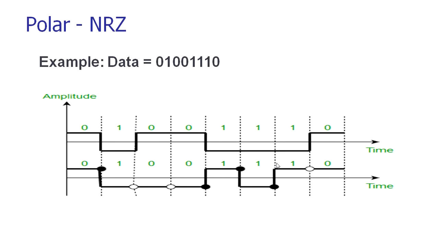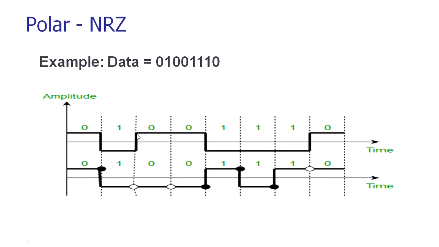For non-return to 0, the same thing happens, but it is polar. Polar uses both the positive as well as the negative axis; I'm talking about the y-axis, not x. We start with a 0, a positive level on the top. The next is a 1, so it goes to the negative highest.